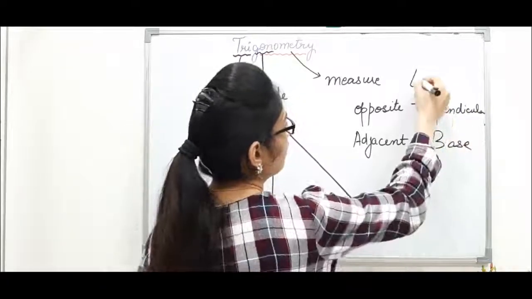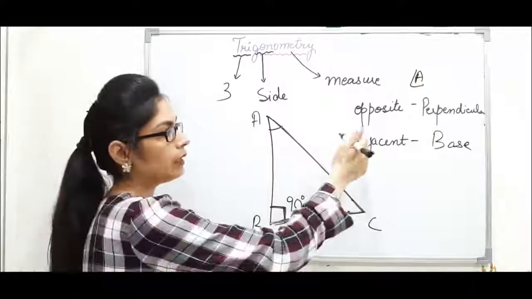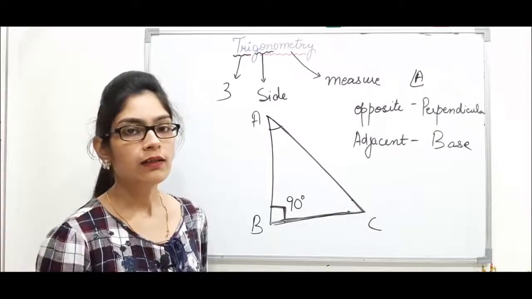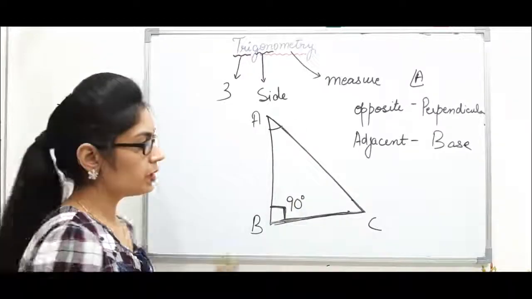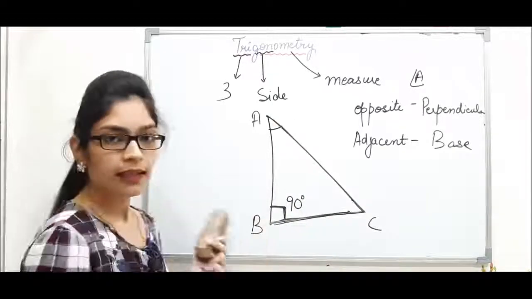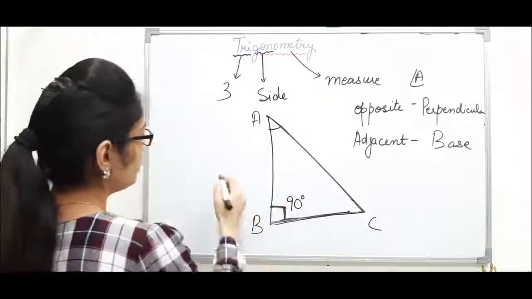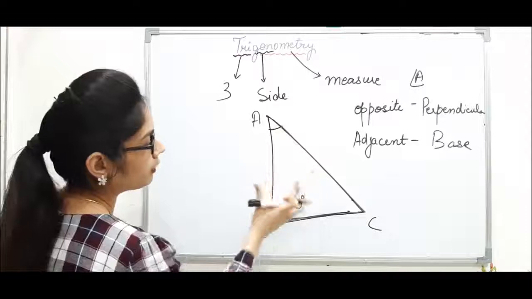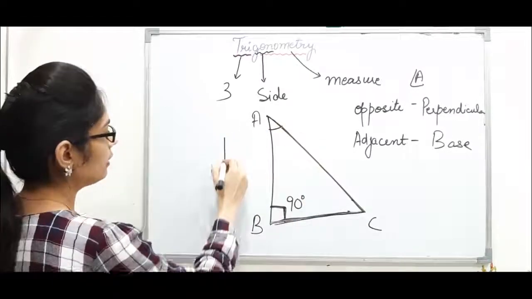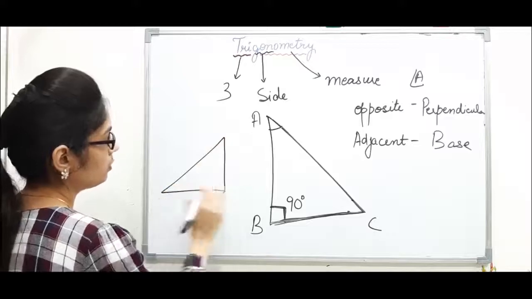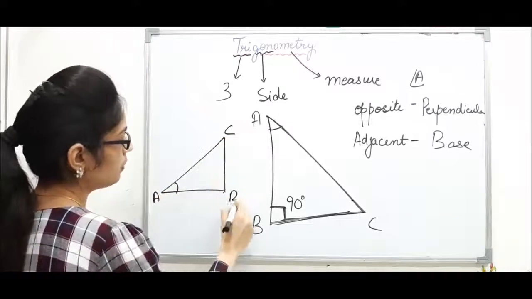I have already explained that perpendicular and base are subjective. They keep on changing with respect to the angle. We have already taken the example of angle C, now we are taking angle A. In this way I just have to rotate the triangle towards the left side. So here I will draw again. So this is angle A, C and B.